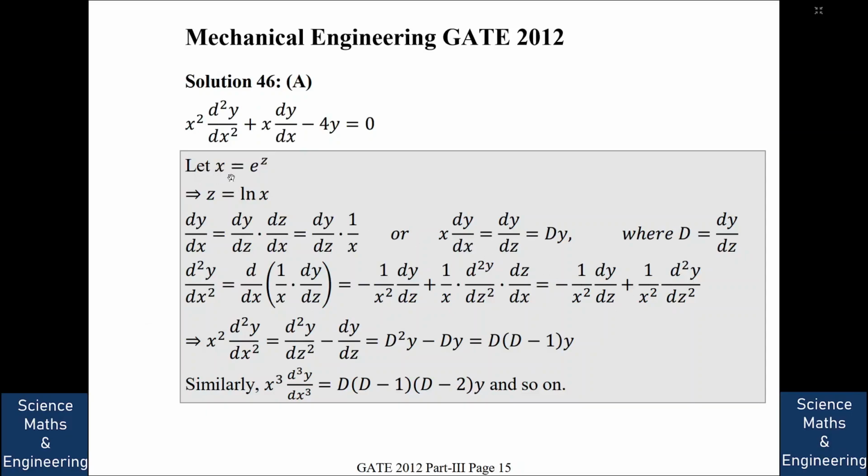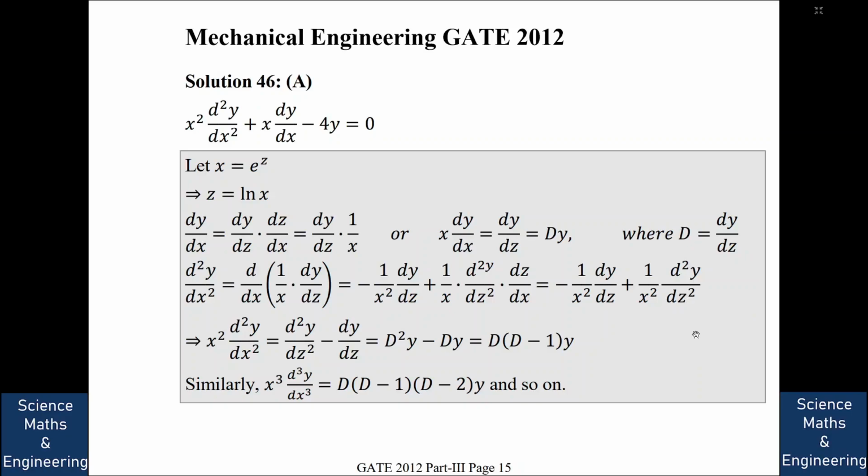So we assume x equal to e to the power z, and then from here we get that x square d square y by dx square would be equal to D into D minus 1 into y, and x dy by dx is just D, where D is d by dz.